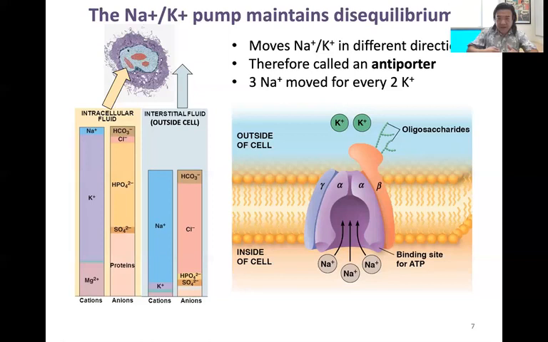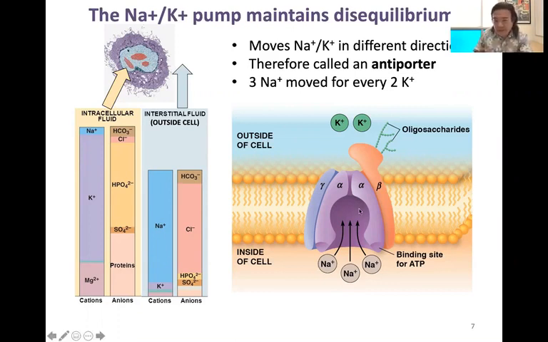And likewise, the green balls, if you start off with way more of them inside the cell, right, the natural flow would be the potassiums would want to go out. So in order to maintain on purpose this imbalance and keep that imbalance going, the cell has to actively pump these ions back and forth against their natural gradient flow.